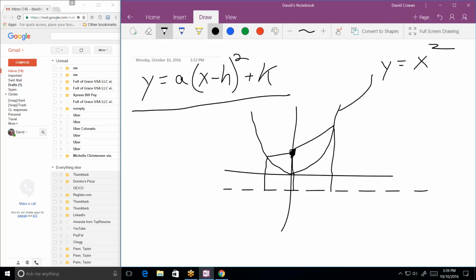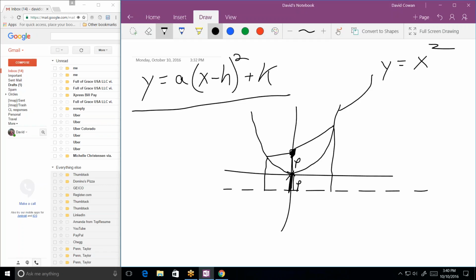And it changes the whole general equation also, because we now have some extra stuff that we need to know, which is what is the distance from the vertex to the focus? That's P. What is the distance from the vertex to the directrix? That's also P.